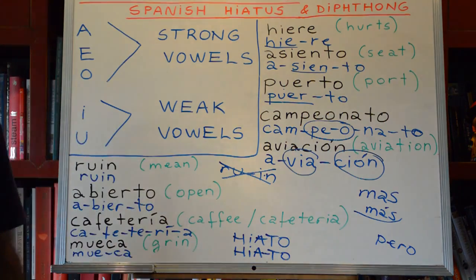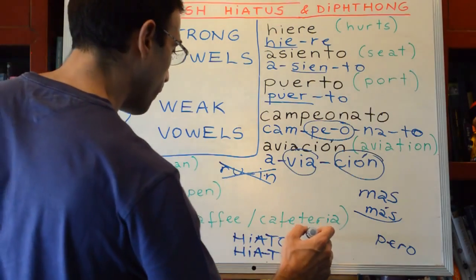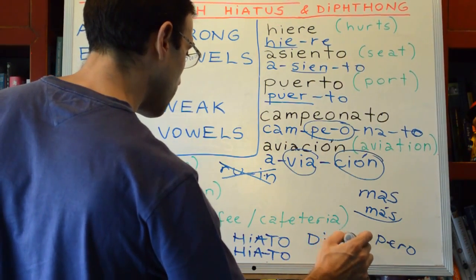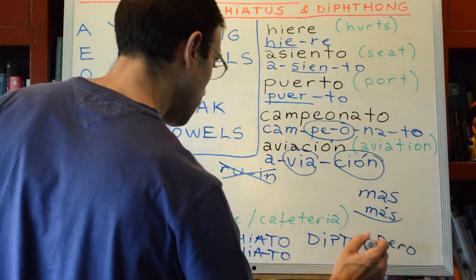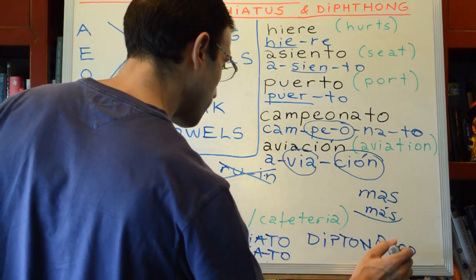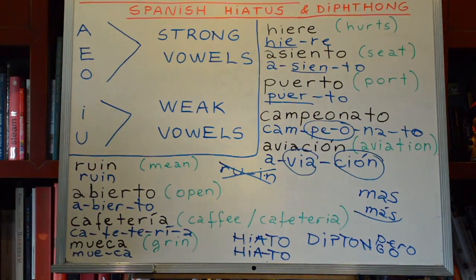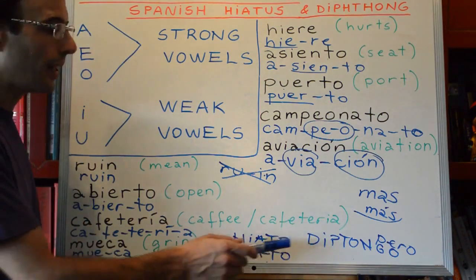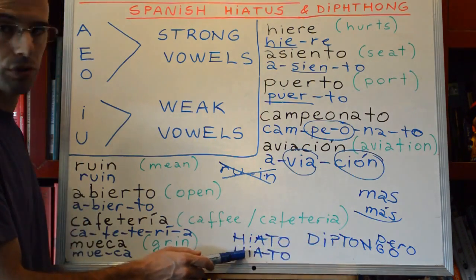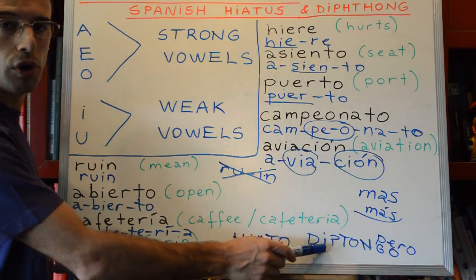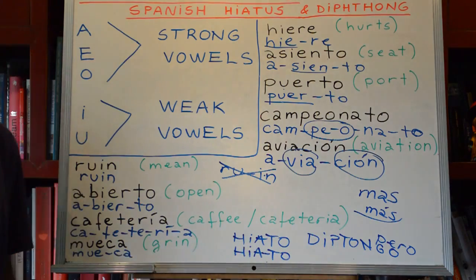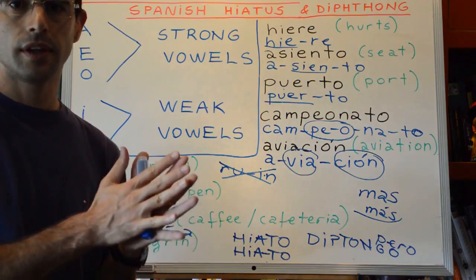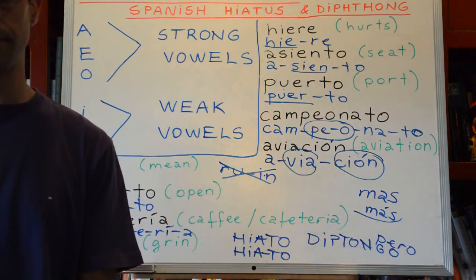Okay? The Spanish word for diphthong is diptongo. Diptongo, hiato. Diptongo is Spanish for diphthong.